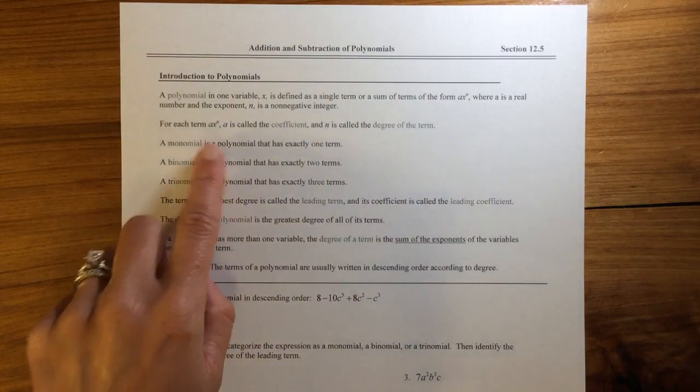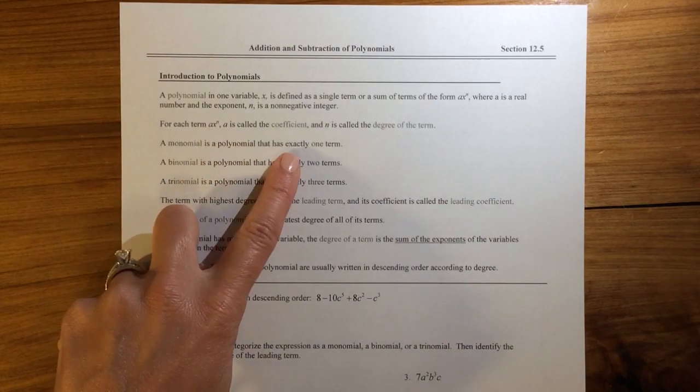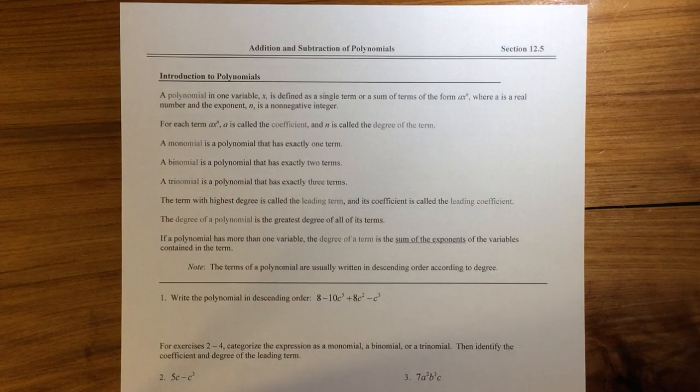The a in the a times x to the n is called the coefficient. And n is called the degree of the term. We'll talk about degrees more later on when we get into the college algebra thing of things. But anyways, the degree, if you're looking at a string of numbers like this example here, the variable is c.